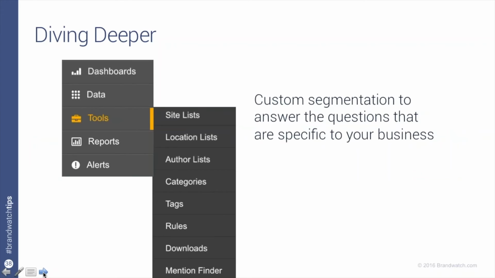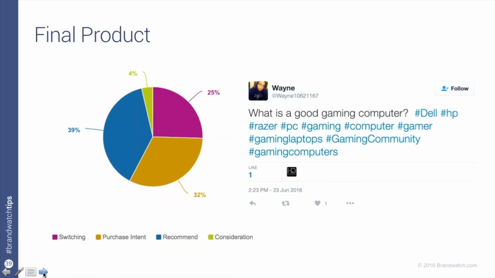And the way that we do this is with rules, categories, and tags. So you'd find this on the left-hand side of your window if you're inside of the platform in our little toolkit. There's lots of different things in our toolkit, but really rules, categories, and tags are the most powerful for that customized deep dive segmentation.